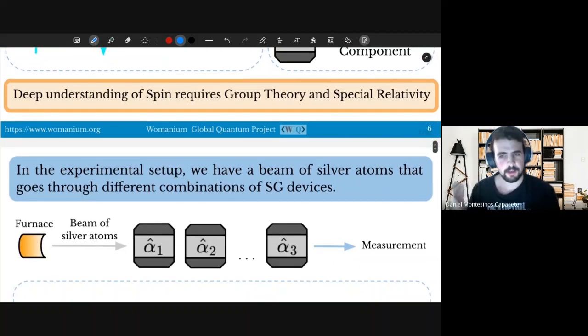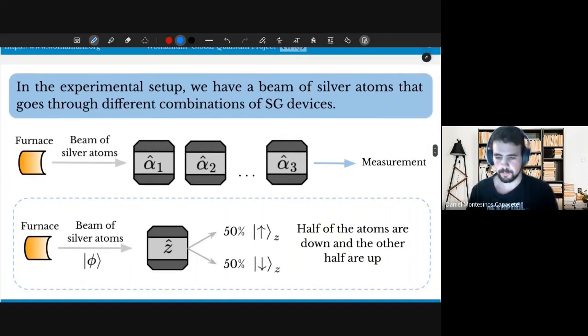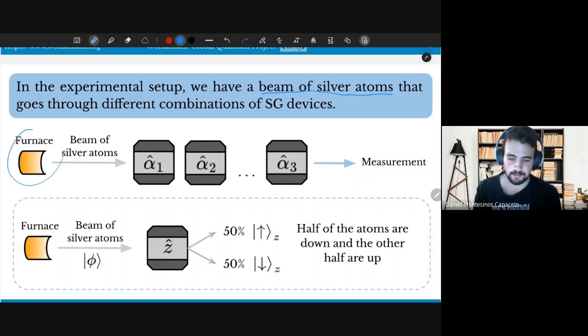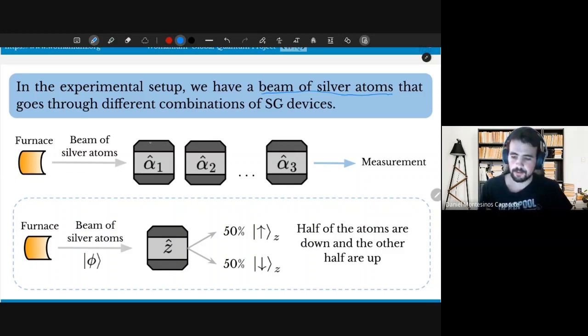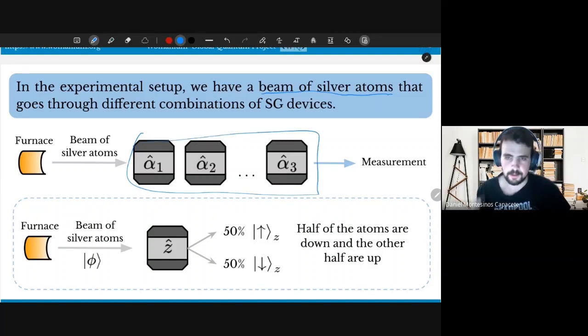All right. So what is the experiment about? Well, we're not going to do anything, but in the experiment they used a beam of silver atoms. I mean, they have some furnace here, and from the furnace we get this beam of silver atoms, and these silver atoms are going to be passing through different sets of Stern-Gerlach devices from different angles.